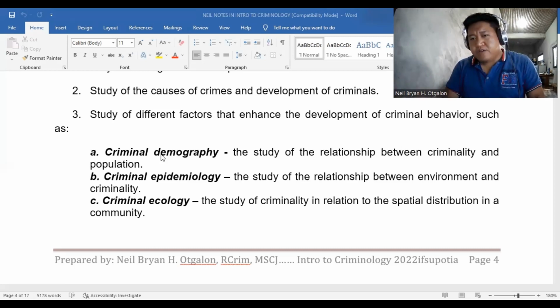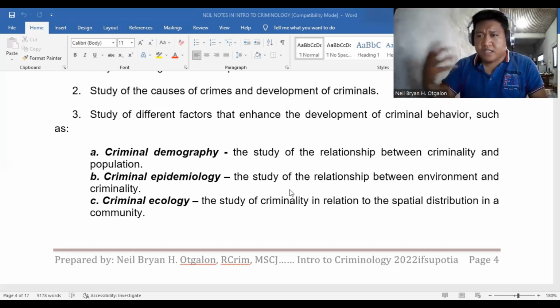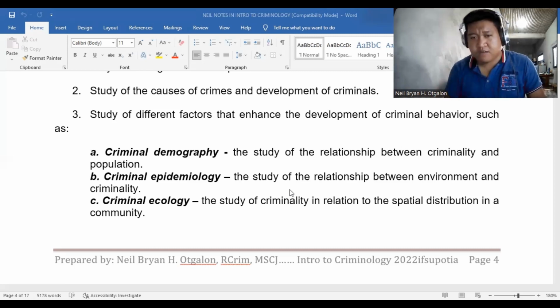So in criminal epidemiology, criminology treats crimes as like a disease that if it is not prevented, then it will spread out and affect others, and they can also become criminals.